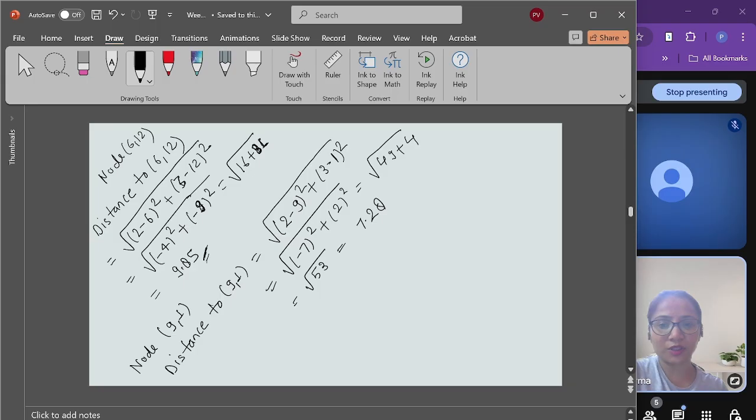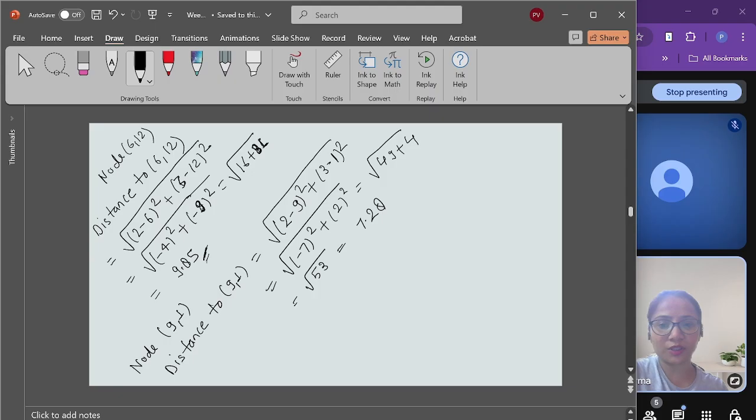For the node 27, we have got 7. For the node 17 and 15, this is the largest one, so we have got 19.2. And for 6, 12, we have got 9.85. And for the node 9, 1, we have got 7.28.